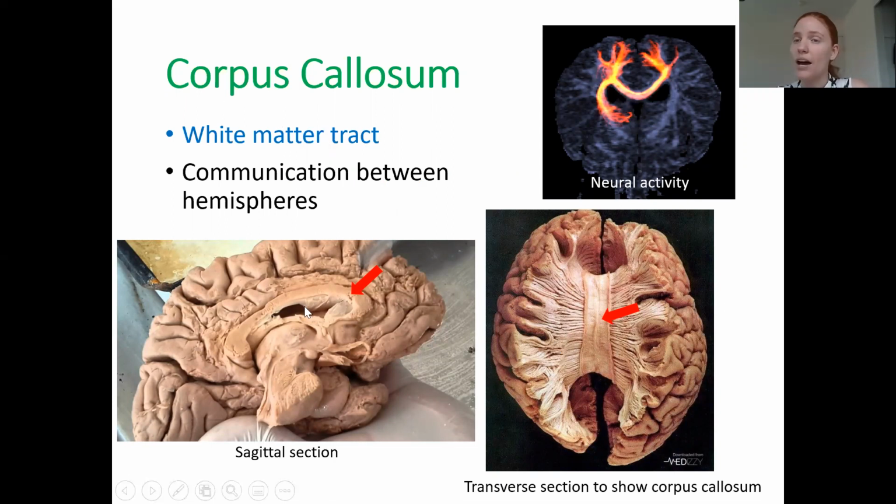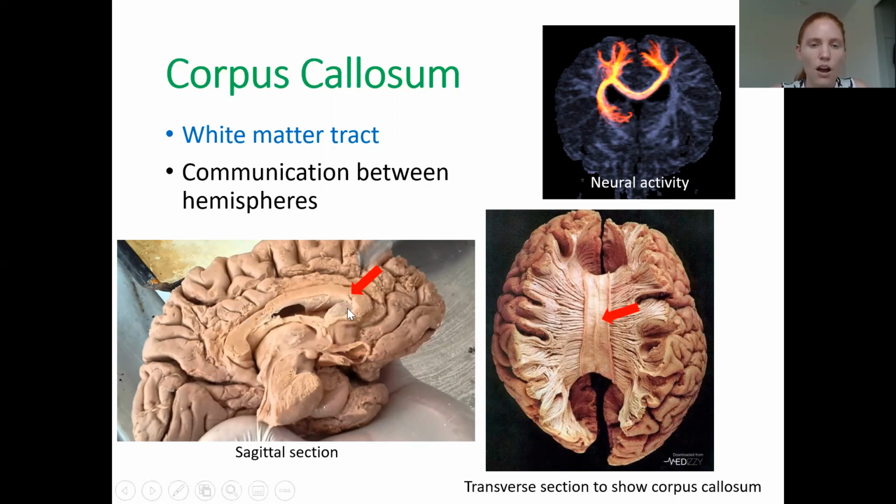For lab, you're definitely going to need to be able to recognize this. If you look at a sagittal section, along this plane right here, this thing that looks like a giant C, that is the corpus callosum.